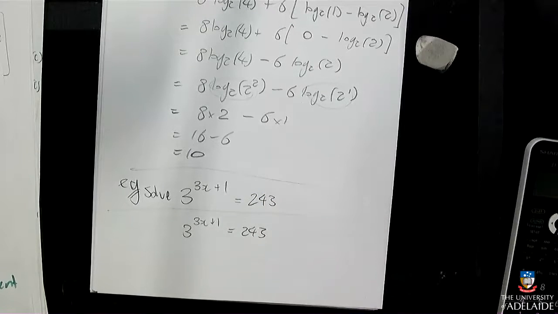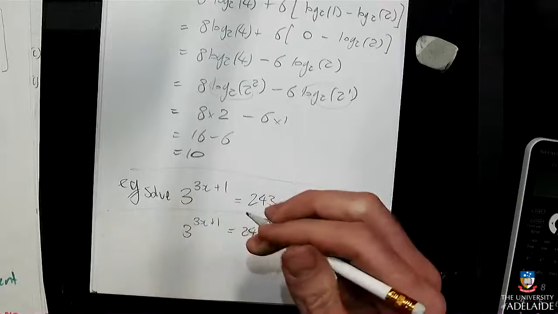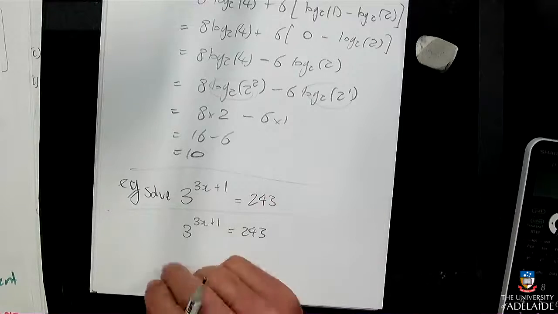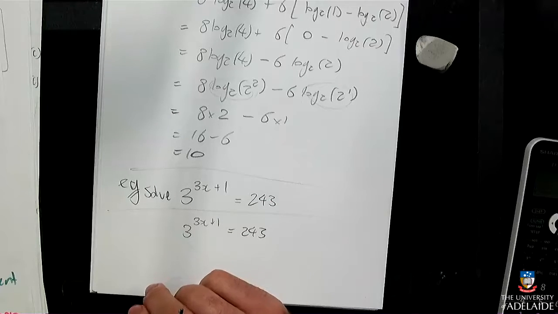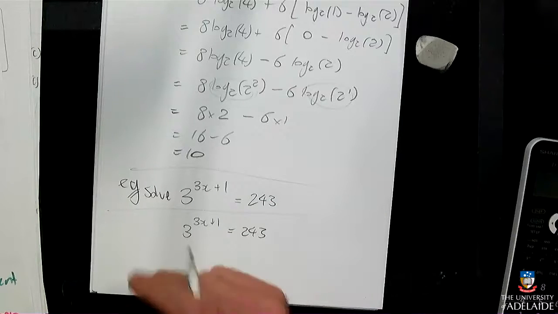I would really like this x not to be up in the power. So I've got some options. I could do log base 3 on both sides, because log base 3 is the thing that cancels out 3 to the power of.